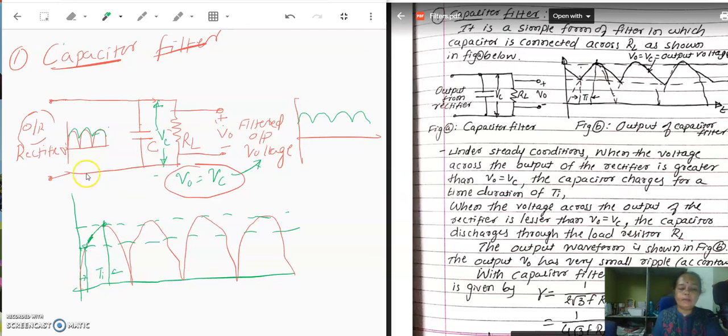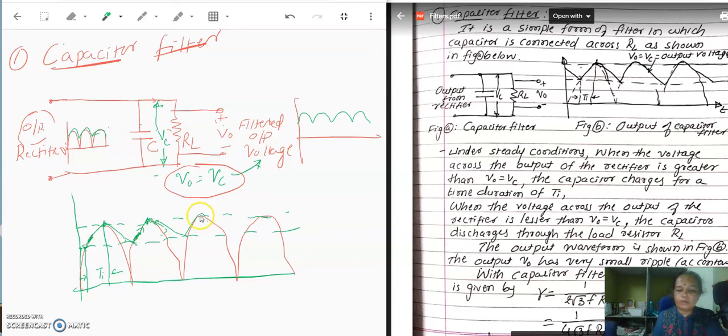When the output of the rectifier is less than Vc, it discharges. And again, when the output of the rectifier becomes greater than Vc, it charges to the peak. When it is less than Vc, it discharges in this path.